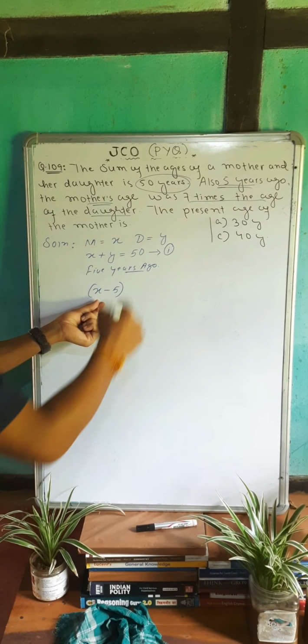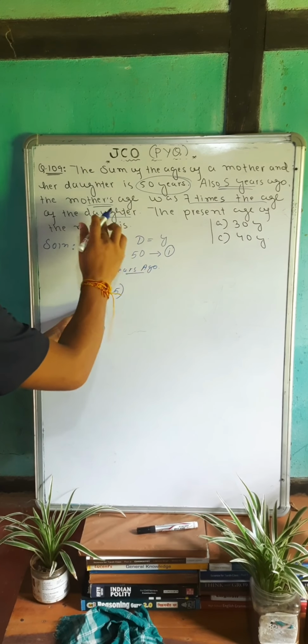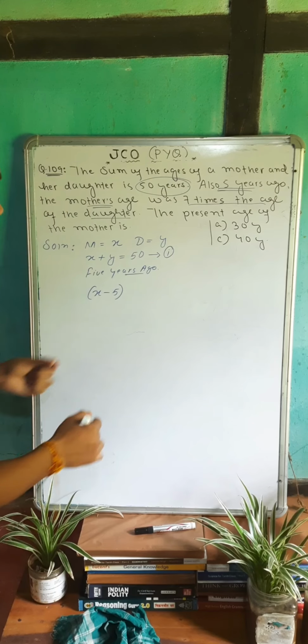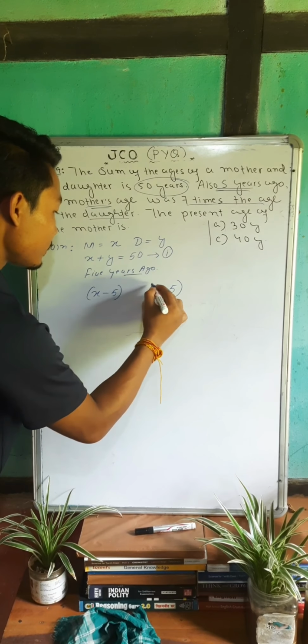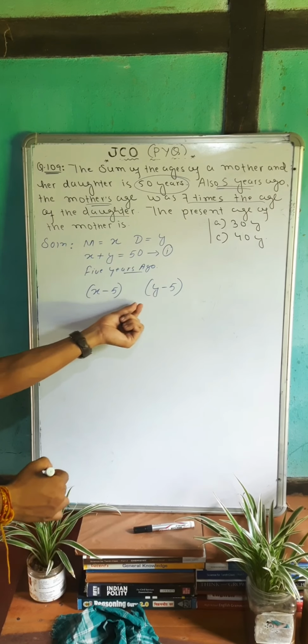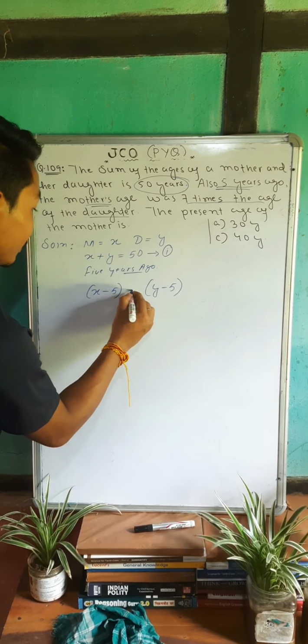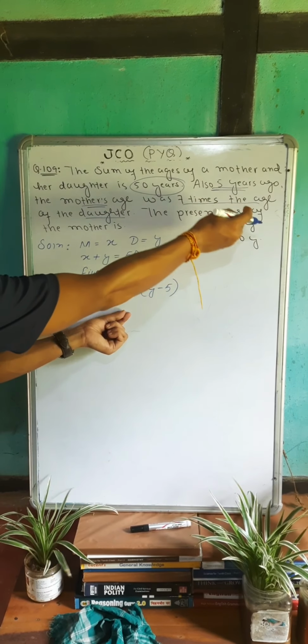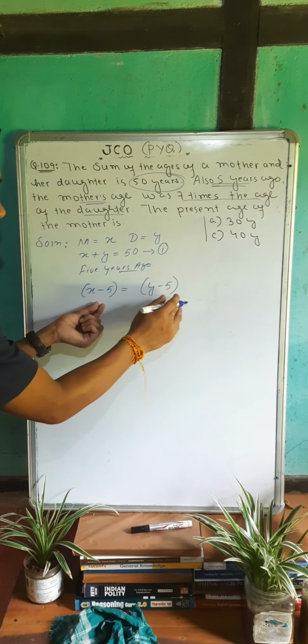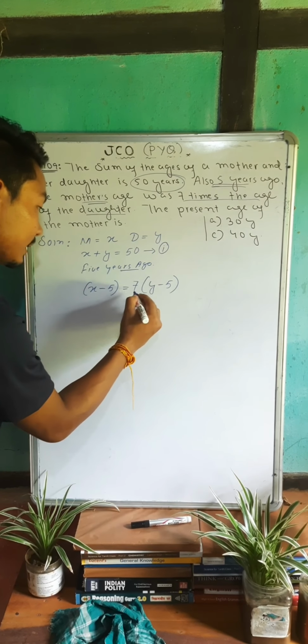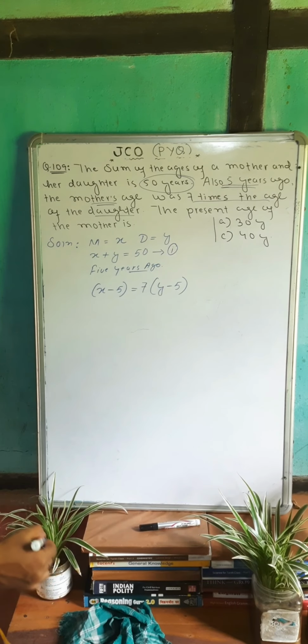Mother's age was 7 times the age of daughter. The age of daughter 5 years ago is Y minus 5 years. Now we can make it equal: X minus 5 equals 7 times (Y minus 5).